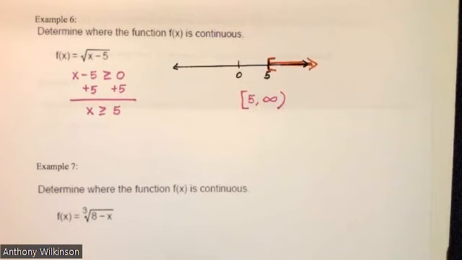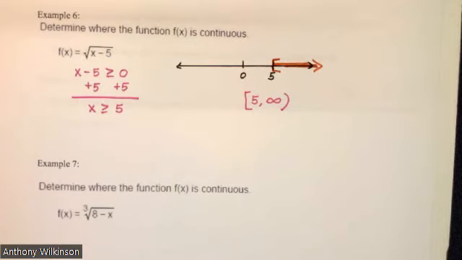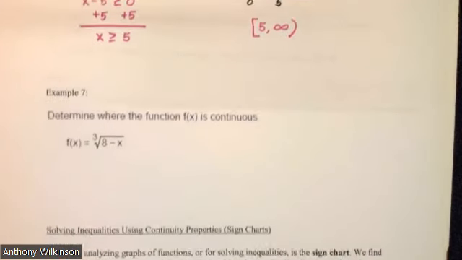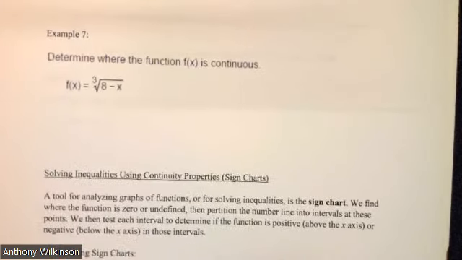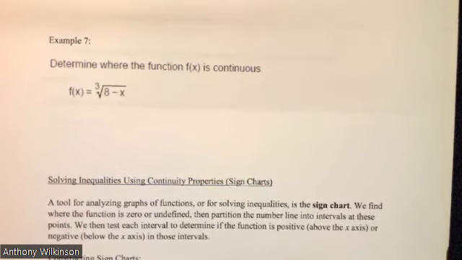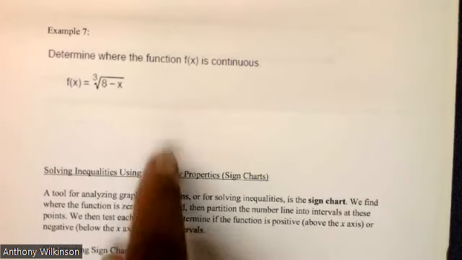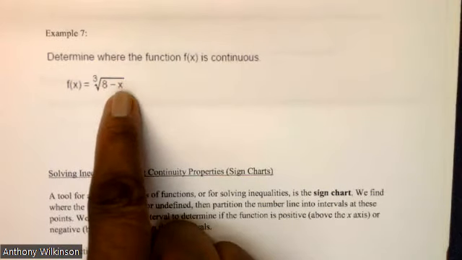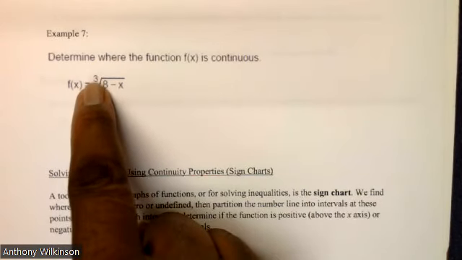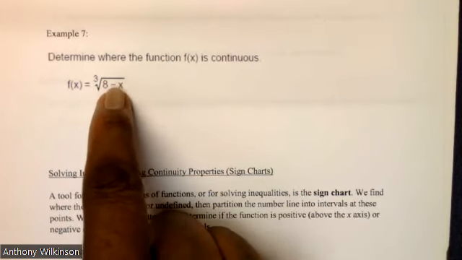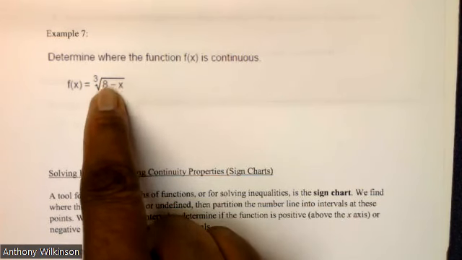All right, and example 7 is to determine whether the function f of x is equal to the cube root of 8 minus x is continuous. In this case, if we have an odd root, it's continuous everywhere.